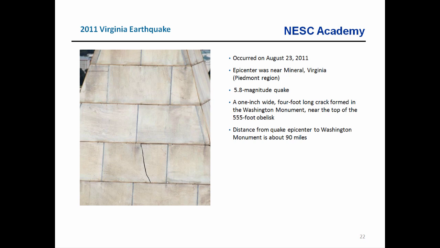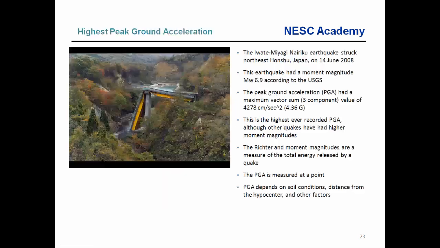So even though it's a moderate earthquake, and even though this historic monument is 90 miles away, it still had some damage as a result of that quake. The Washington Monument was closed for a number of years to the public, and I think it's now been reopened, and you could go online and find different images of the repair work, but basically the crack was filled in with cement, among other repairs.